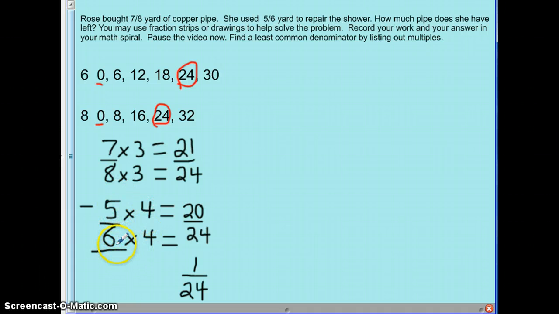Then I put 5/6 across from 24. 6 times what gives me 24? The answer is 4. So I multiply my denominator and my numerator by 4. So now I subtract. 21 minus 20 is 1. And of course I leave the like denominator, 24.